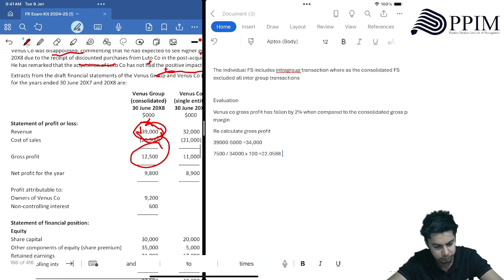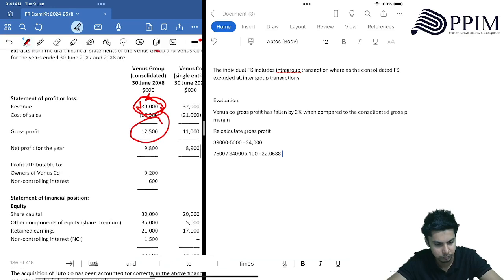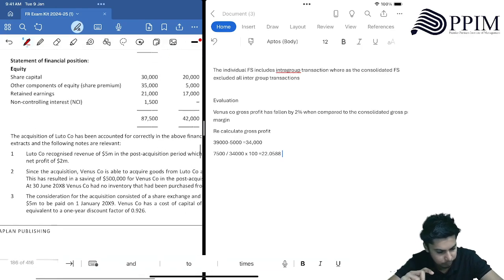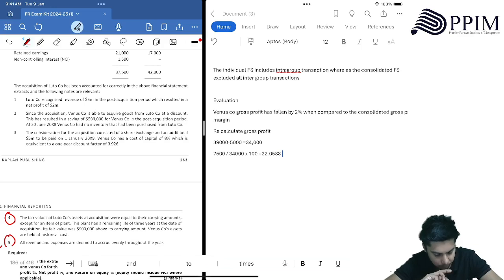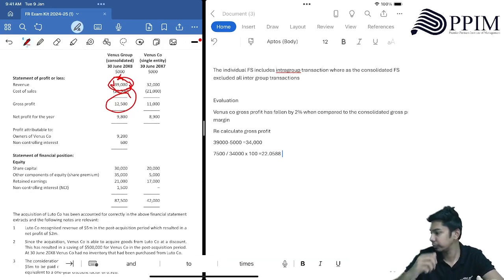Wait. Yeah, I think guys for cost of sale we have to do a lot of adjustments rather than directly taking it as 26,500.